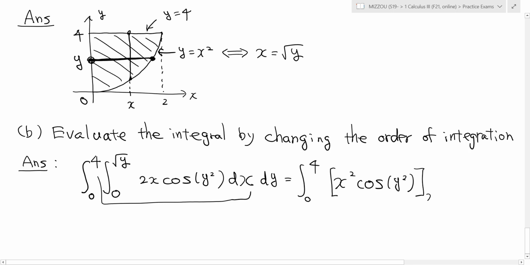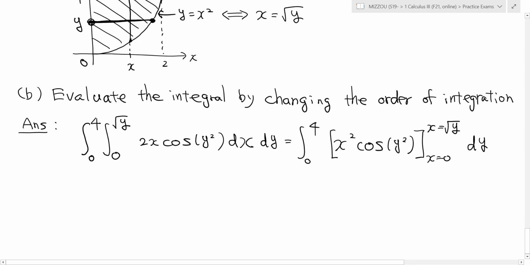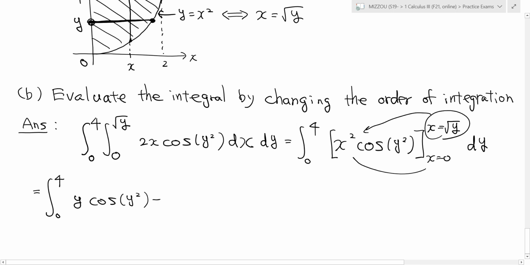Then x is from 0 to root y, and dy. And that is equal to the integral from 0 to 4. Now if you plug in here, you get y cosine y squared minus, x is 0, so just a 0. So that's it.